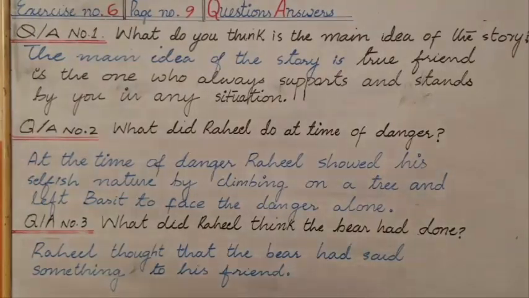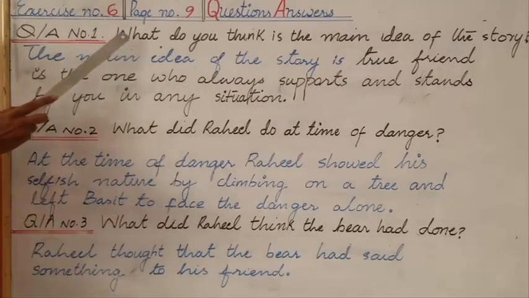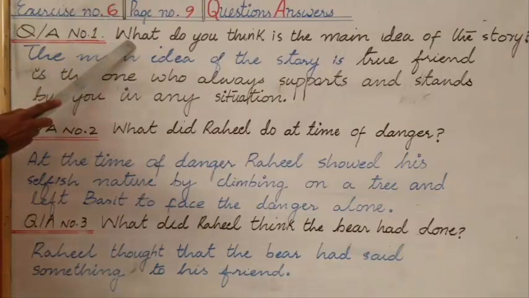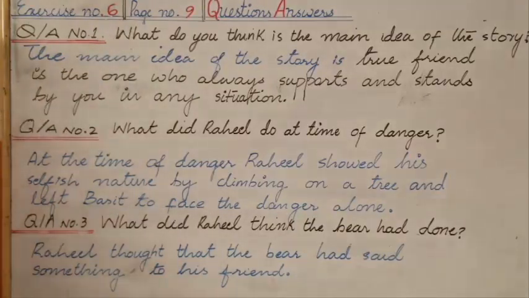The first question is, what do you think is the main idea of the story? And the answer is, the main idea of the story is, true friend is the one who always supports and stands by you in any situation.